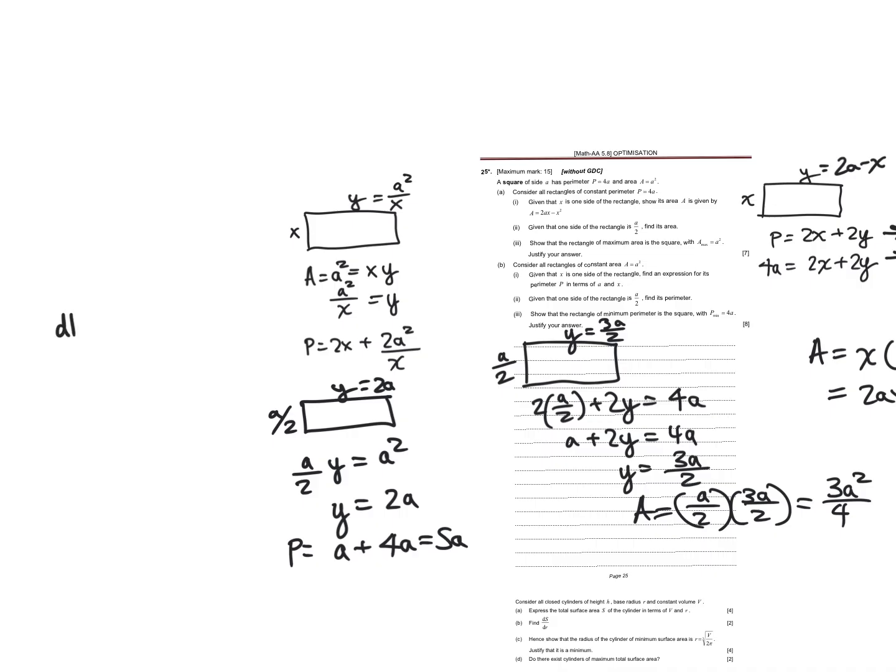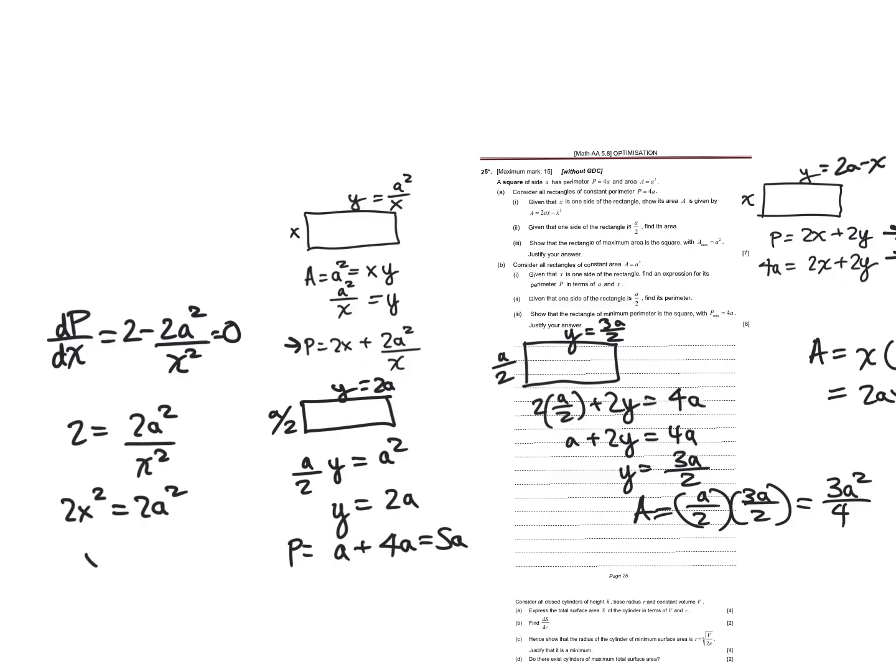All right, so we want to use the one with x, this one. So we're going to have 2 minus 2a squared over x squared. And when we set that equal to 0, we have 2 equals 2a squared over x squared. 2x squared equals 2a squared. x squared equals a squared, so x equals a.